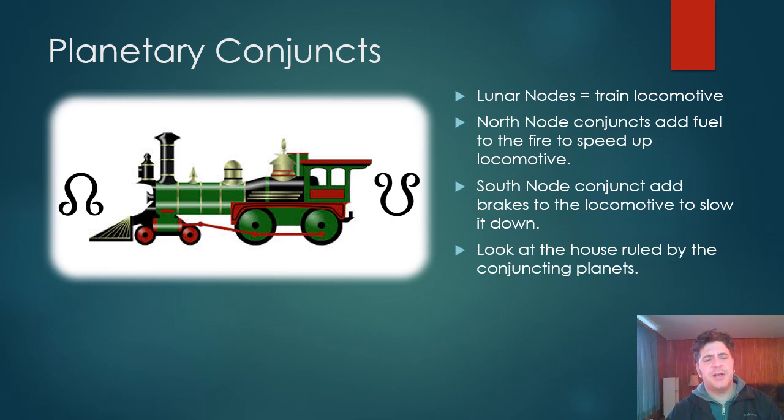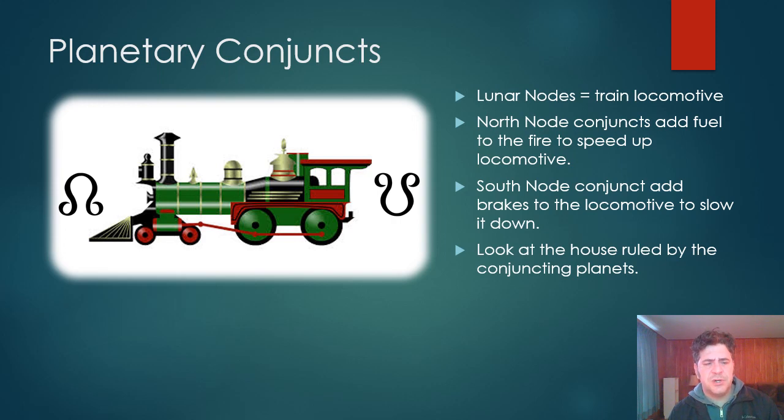So let's talk about planetary conjuncts. We just went briefly through all the different placements, house and sign, that the nodes occupy. So planetary conjuncts are planets that will conjunct the north or south node. And I think a good analogy for this is to look at the lunar nodes like a train locomotive.